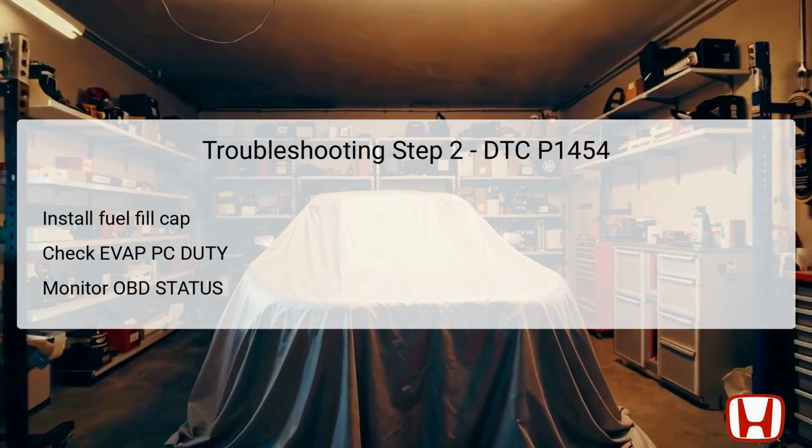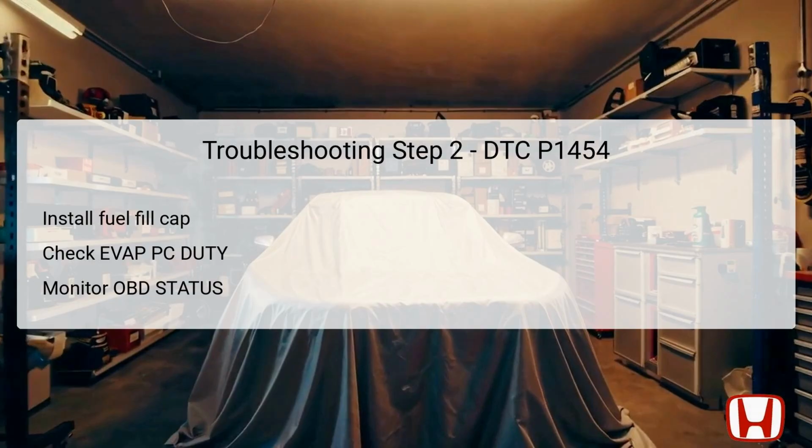As the engine runs, monitor the evaporative purge control duty, evap PC duty, via the data list on the HDS, maintaining an engine speed of 3,000 RPM for at least 4 minutes. This step assesses the vapor management system's operation under load.